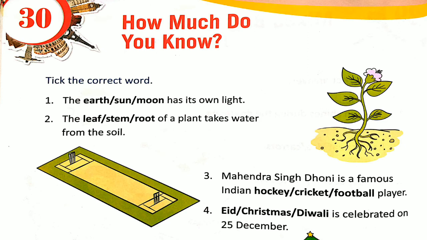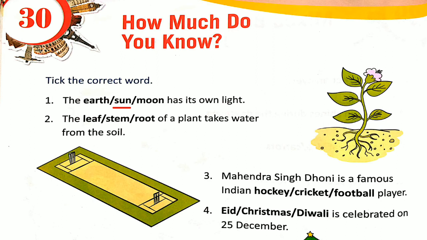Number one: the earth, sun, or moon has its own light. So who has its own light? Yes, it's the sun. The sun has its own light.